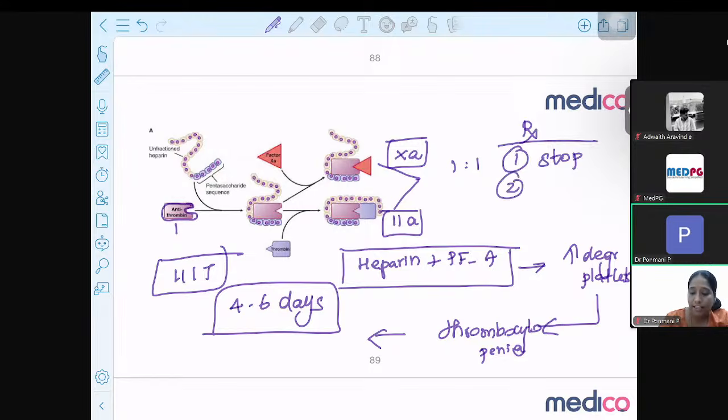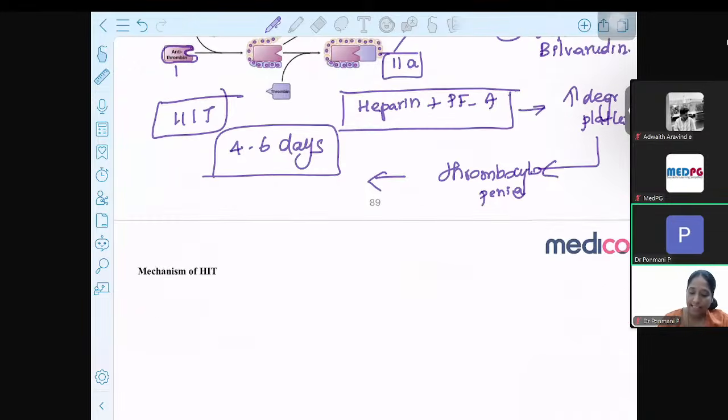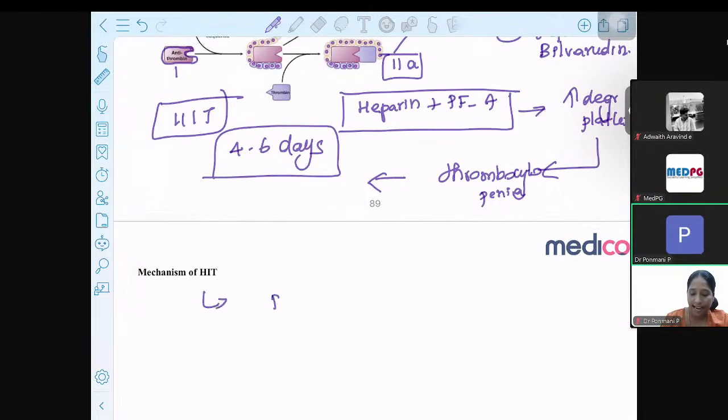The second treatment is go for direct thrombin inhibitors. Since it is a parenteral one, go for direct parenteral thrombin inhibitors, which is lepirudin, bivalirudin, or argatroban. So this is the main mechanism by which it is acting, that is, it forms a complex with PF4.